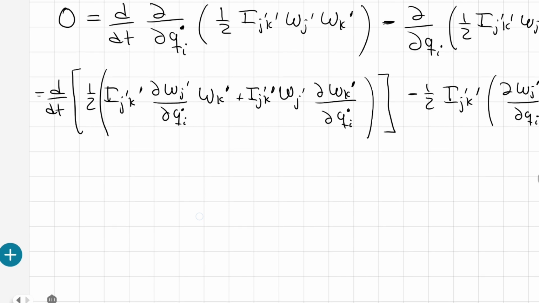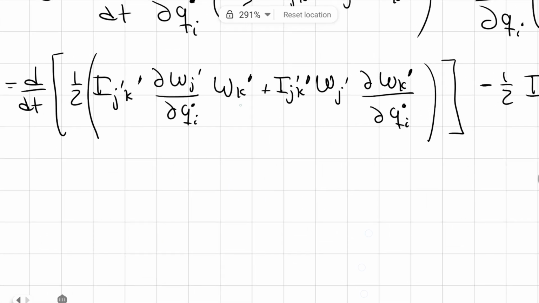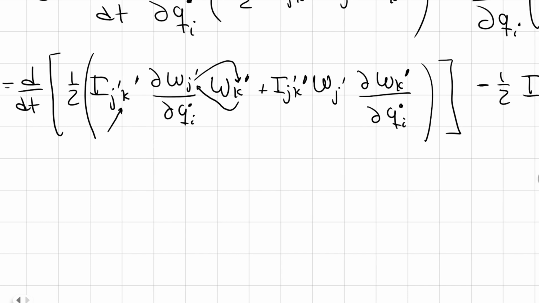Look at something: I can switch this k here and this j here, and then I need to change these indices here. But remember that the inertia tensor is symmetric, so that doesn't make a change. I_jk is the same as I_kj. So I can just switch these two indices without any problem, and nothing changes. That is to be able to have the derivative of omega_k, which is the same thing that I have here.